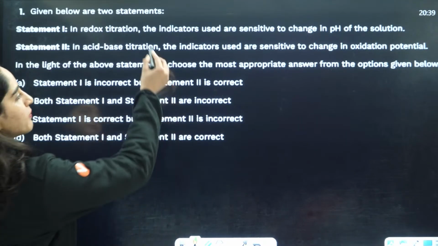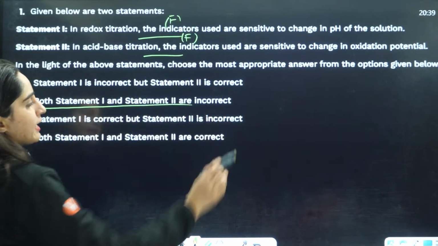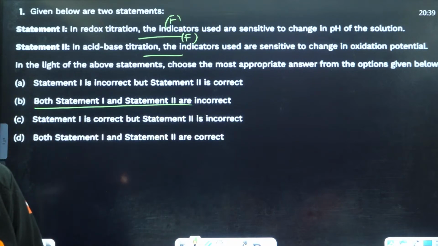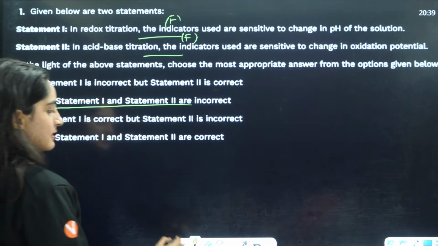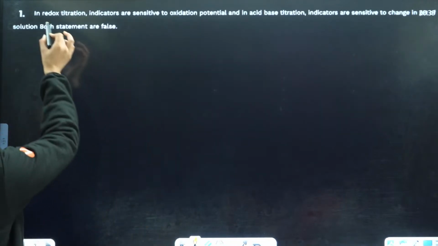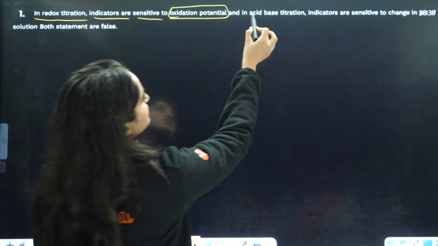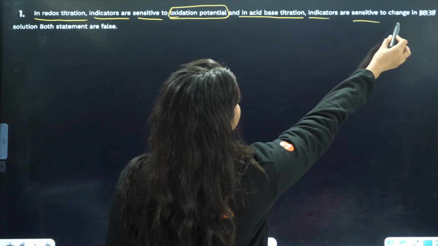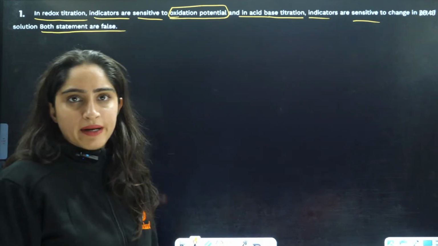So both of them are false statements, and we can say that both statements A and B are incorrect, because they are generalizing this thing. The answer will be both are false statements.